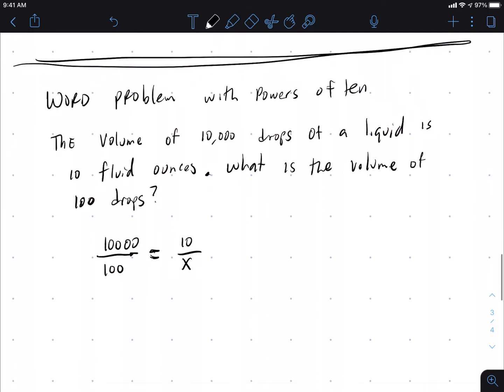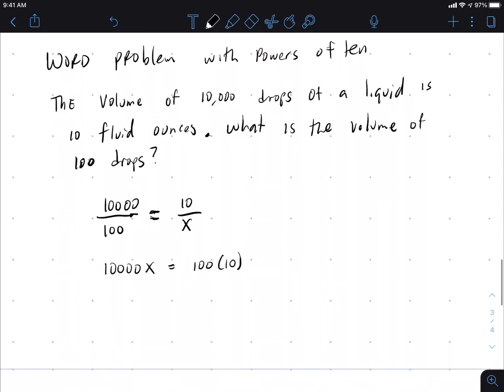So I'm going to get 10,000 times x is equal to 100 times 10. Agreed? Which is going to give me 10,000 times my variable x for my number of ounces equal to 1,000.